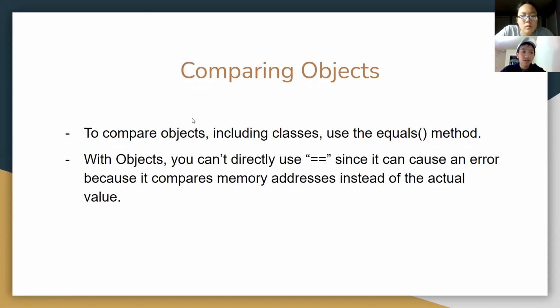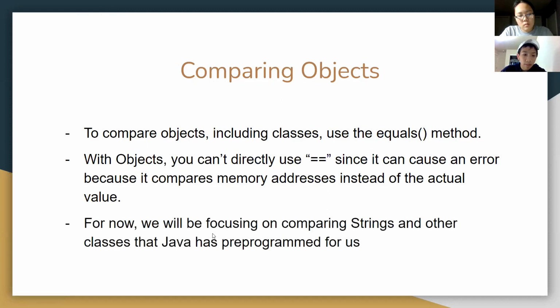Let's say you put it in memory location 2. Then when you want to use that object's attributes, the computer goes to that memory allocation and gets whatever you need. Obviously you can't put too many objects in the same memory allocation. So even if the objects have the same value, since the computer is comparing the memory addresses instead of the actual value, you won't get what you need. That's why you need to use the dot equals method.